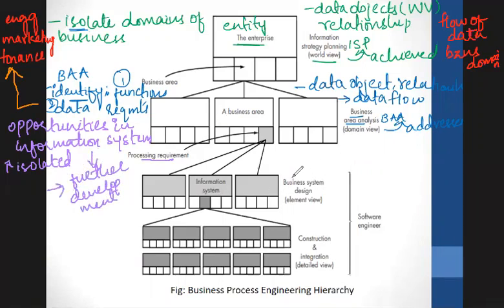Now, once all of this is identified, this business process engineering is going to identify the business system design. Now, this business system design, in terms of software engineering, is called the analysis.